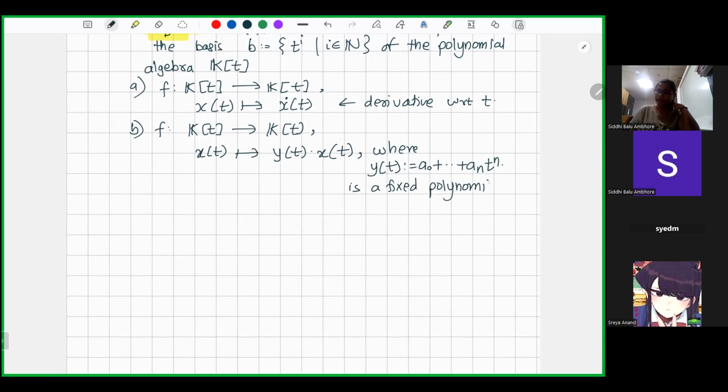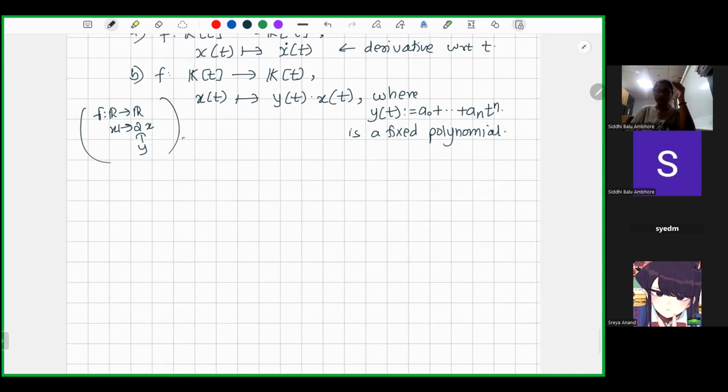Why they wrote it as y(t) is like when F is from R to R, it's like x going to 2x. This 2 is my y here. So they want to treat this y as a constant element in terms of this map. And the third map is F from K[t] to K[t] again, such that x(t) goes to x(t+1).